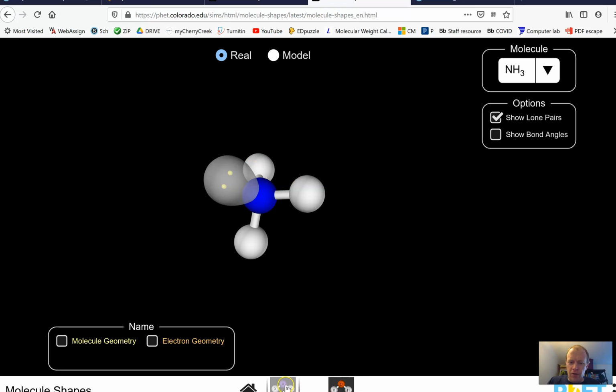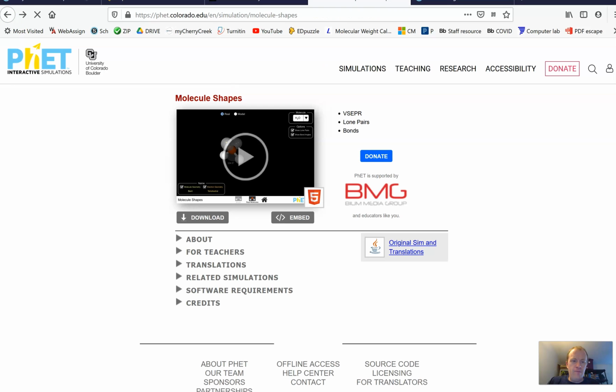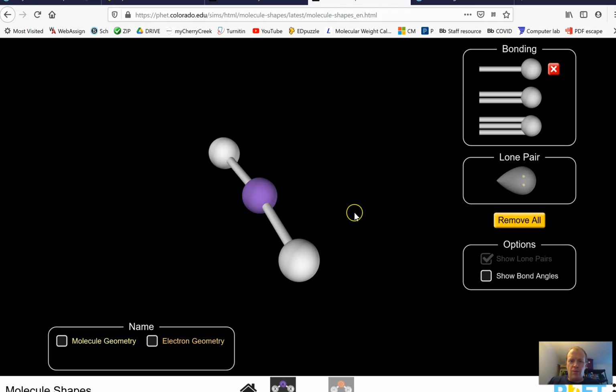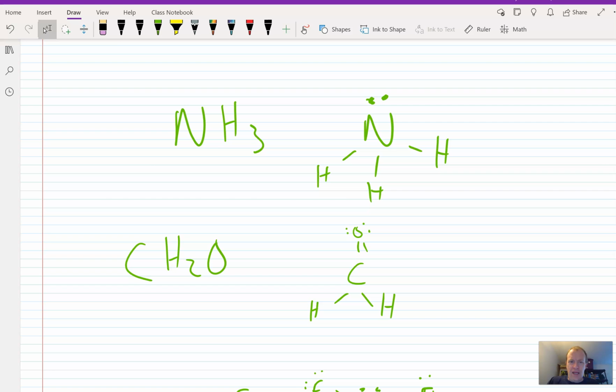Now, like I said, in the case of ammonia, we actually had the thing right there under the real molecules category, but I can click over here to the other side where it says model, or if you're just first opening it up, we can go over here where it says model, and you could actually build most things. So for example, if I want to just build NH3 from scratch, I can just look at the central atom like we do when we're determining shape.